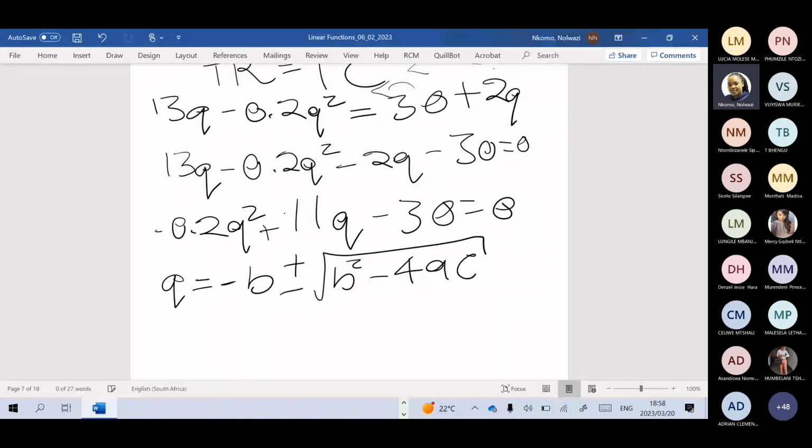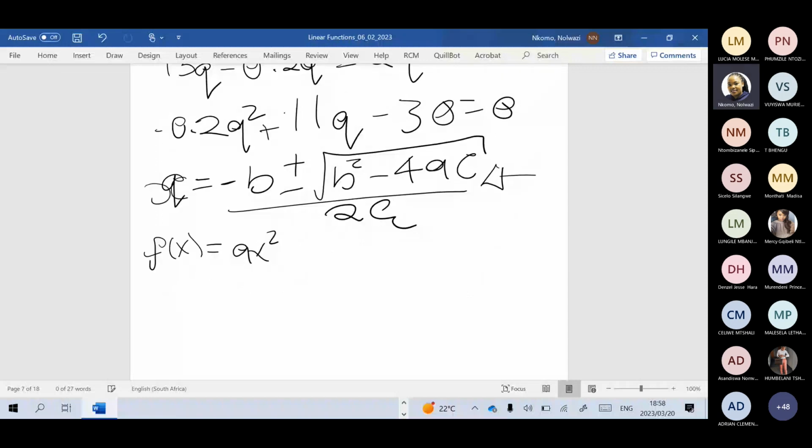Okay, let me just write this formula. If you have f of x equals ax squared plus bx plus c, right? So you see, we have this equation in the same form.